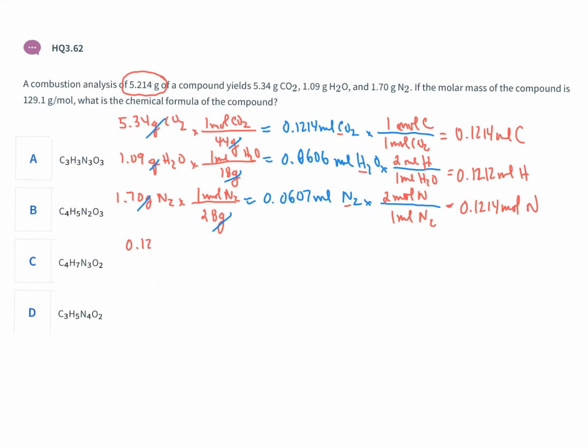So my 0.1214 moles of carbon, 0.1212 moles of hydrogen, and 0.1214 moles of nitrogen. Turn that into grams of carbon, hydrogen, and nitrogen. 1 mole is 12 grams of carbon, 1 mole is 1 gram of hydrogen, and 1 mole would be 14 grams of nitrogen.